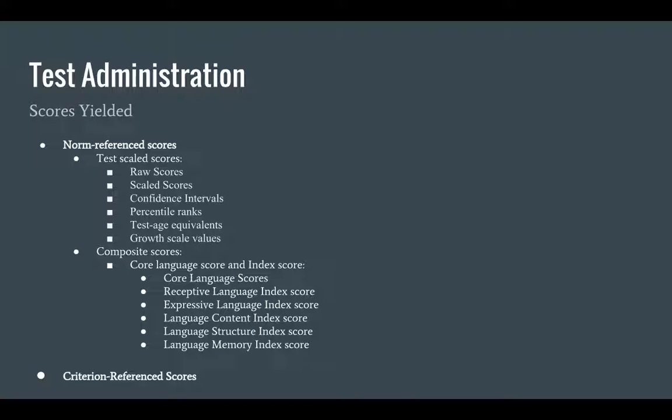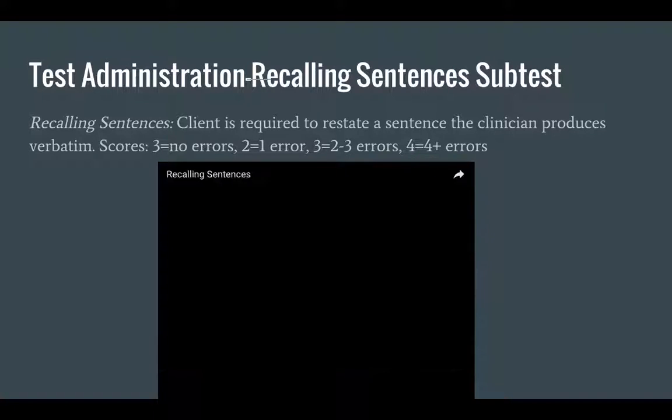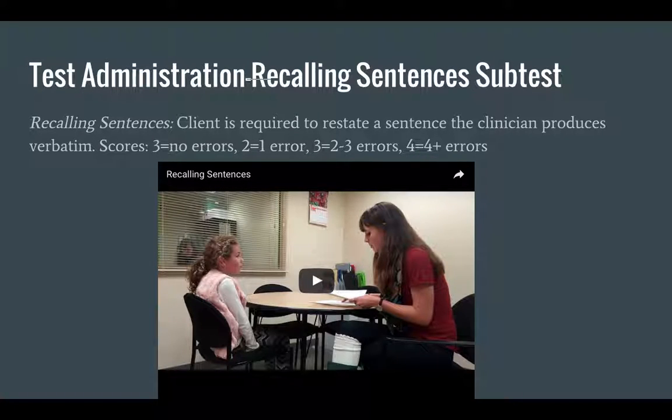There are also criterion reference scores. So here is the beautiful Katie who administered the recalling sentences subtest, where the client is required to restate a sentence that the clinician produces.